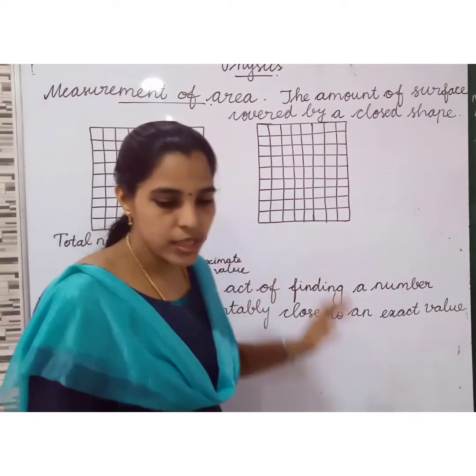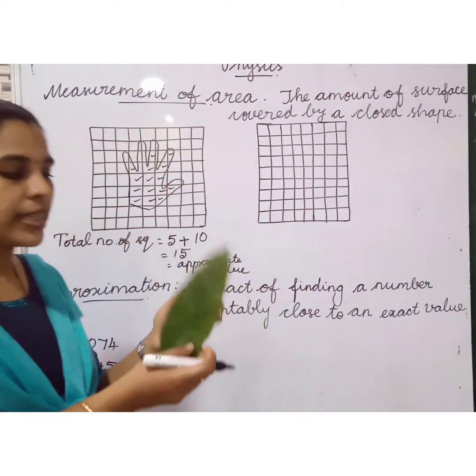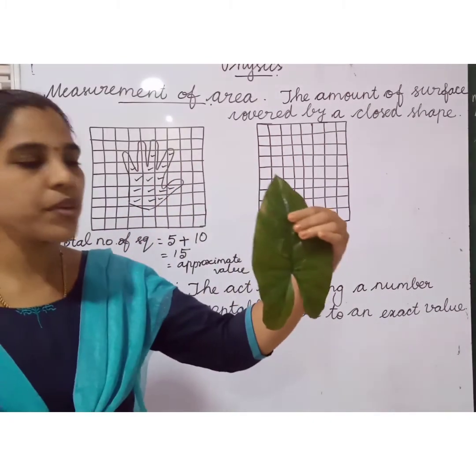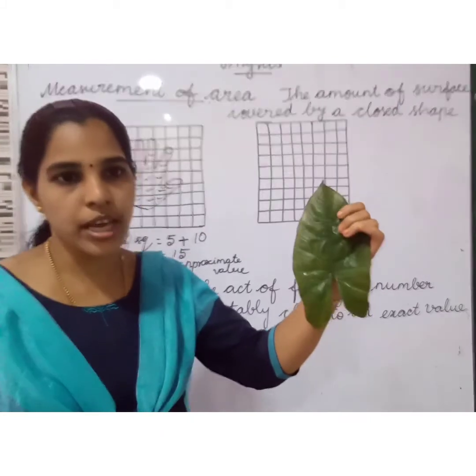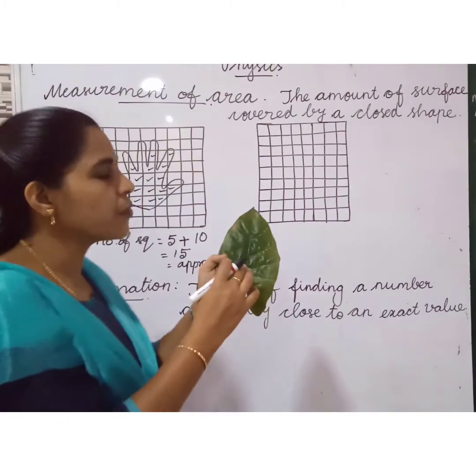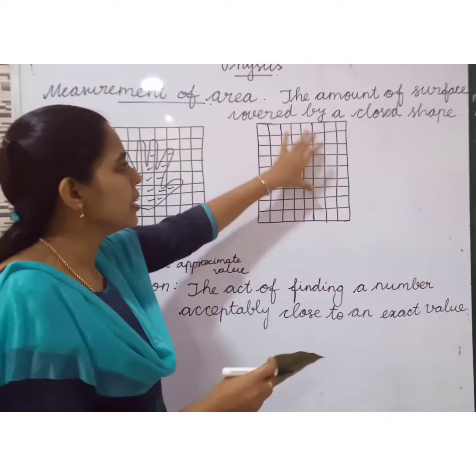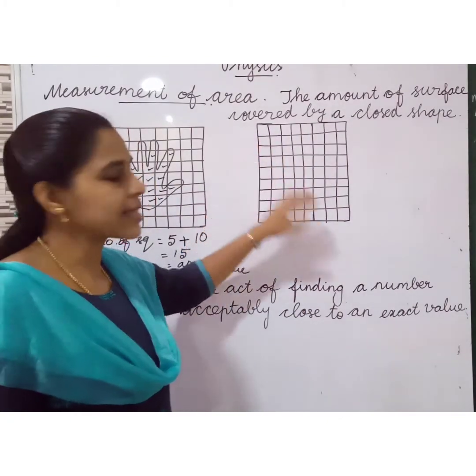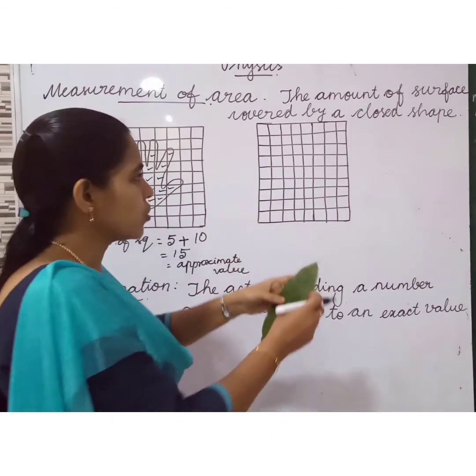Okay. Next, another example. Listen. This is the leaf. This leaf is an irregular shape. It has no formula to find the area. So we have to use the graph paper or square centimeter grid. How to find this?